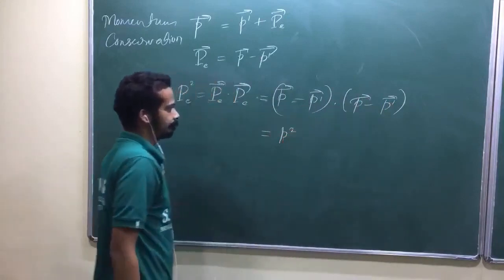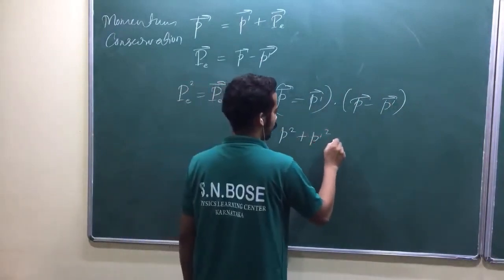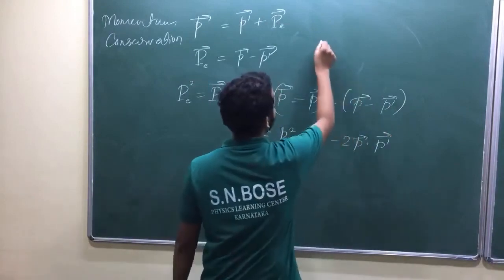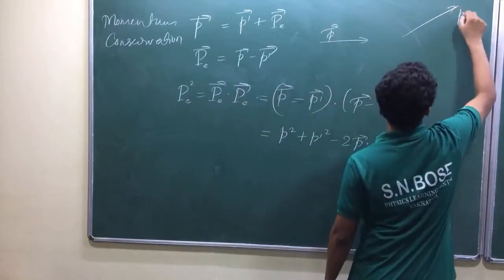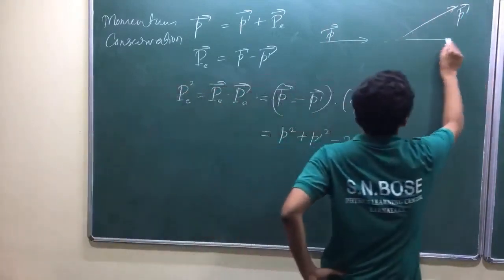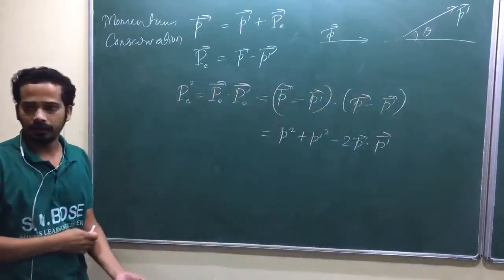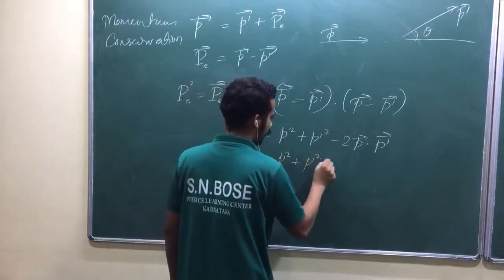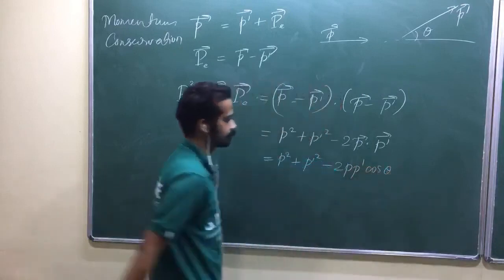P square plus P dash square minus 2 P dot P dash. This was the direction of P, and this was the direction of P dash, the scattered photon. The angle between them in our diagram is theta. So it is P square plus P dash square minus 2 P P dash cos theta.